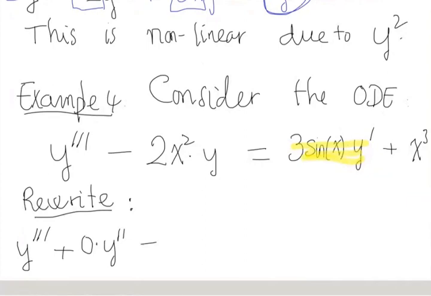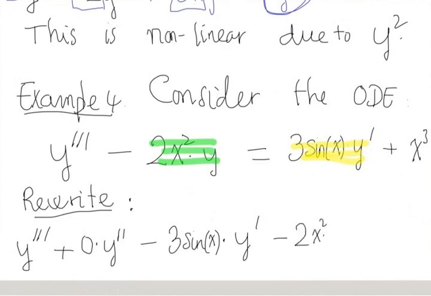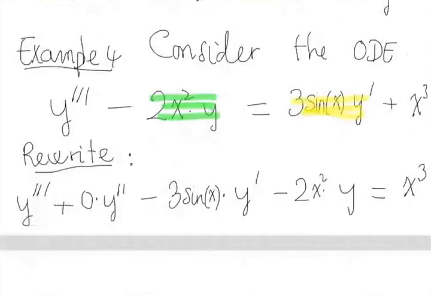This becomes minus 3 sine x times y prime. And the next term is here with y. So we have minus 2x squared times y. And these are all the terms involving y or derivatives. The last one, the x cubed, doesn't have any y, so we put it on the right hand side.